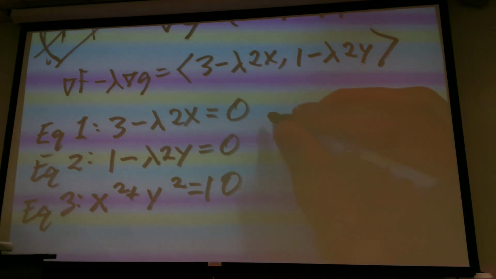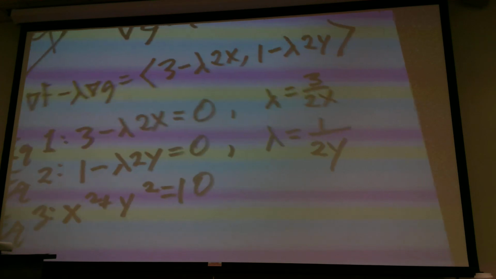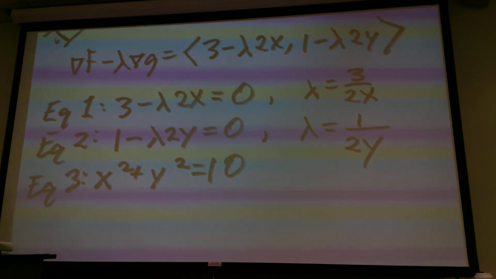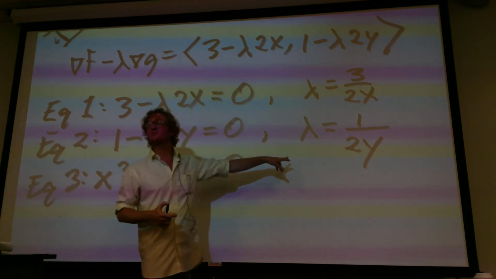So this equation is going to lead to lambda equals 3 divided by 2x. And this equation is going to give lambda equals 1 divided by 2y. Okay? Now, once you've solved for lambda, then we can set these two equations equal to each other.